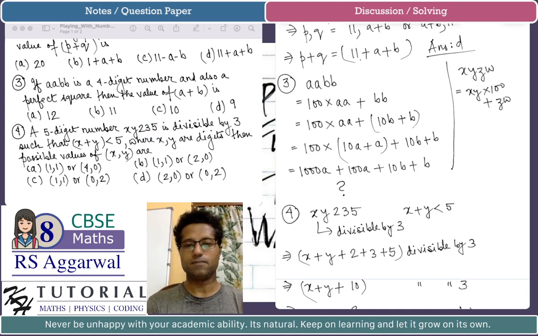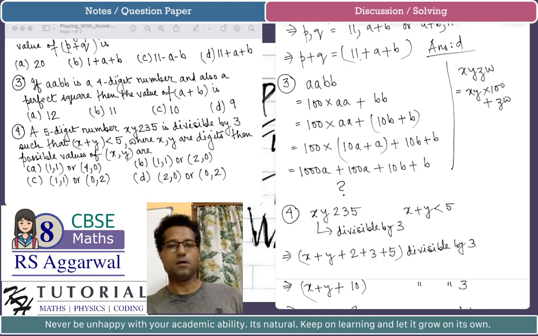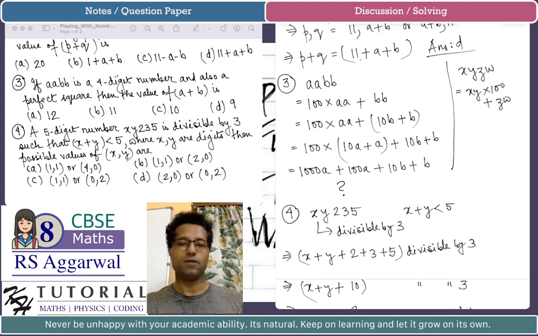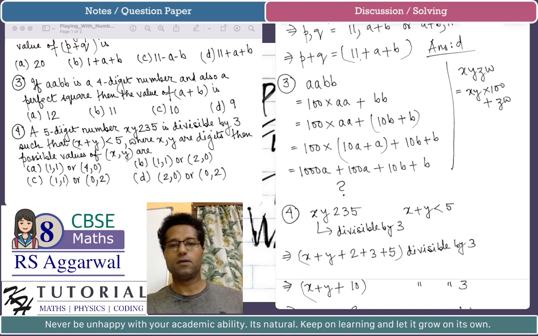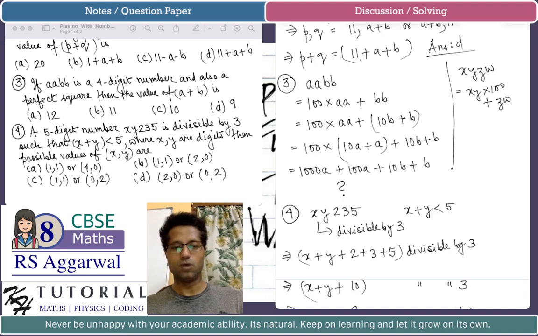You verify the choices individually and see which choice can be a possible solution of the given problem. If you consider choice A, the problem has asked the value of A plus B. If A plus B is equal to 12, then we have two choices: either A is 1 and B is 2, or A is 2 and B is 1.